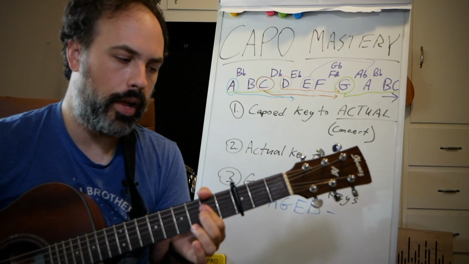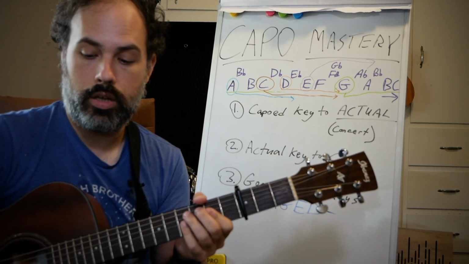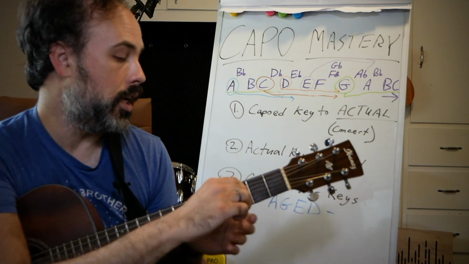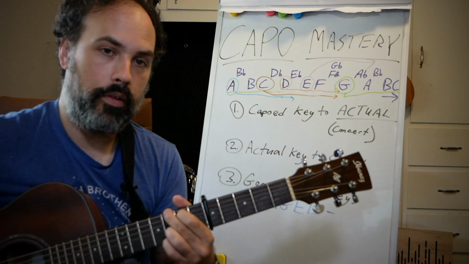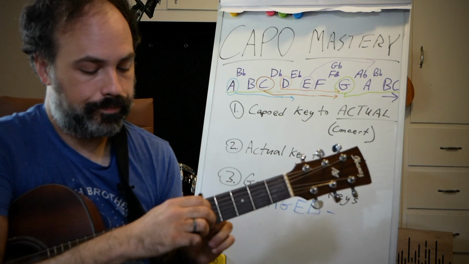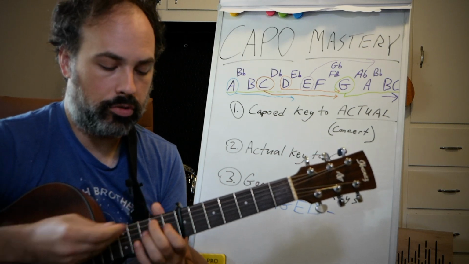Now I'm playing an A chord, right? So I was playing C, C. A Capo 3 is also C. The next one is G. G Capo 5. Right? And the next one's E. So this is why CAGED works, essentially. Oh, I'm just kidding.